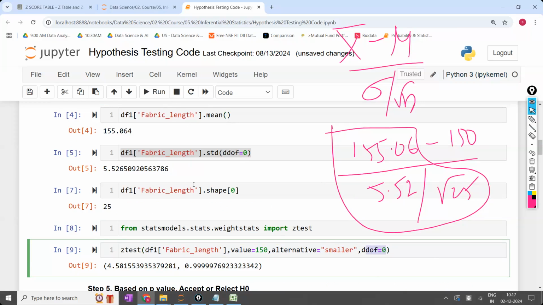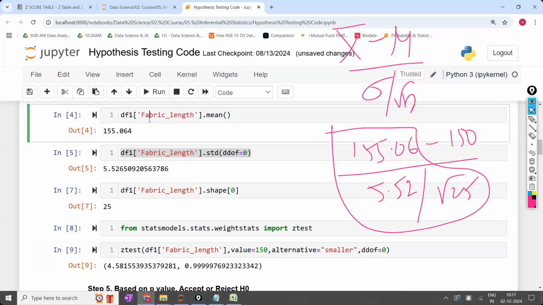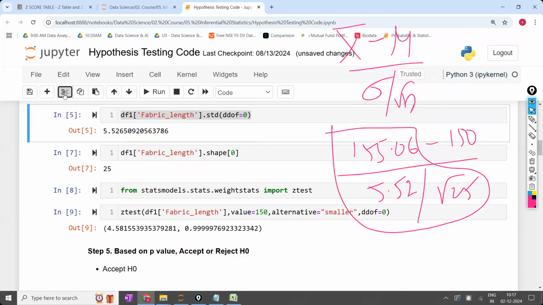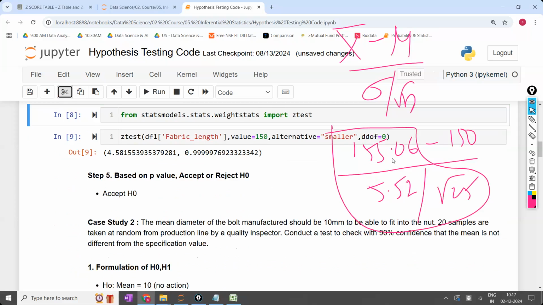These three lines are internal to this function. You don't need to write them separately; I have shown you for understanding purposes. Internally the function calculates the x bar value and the population standard deviation based on the given data. You have to give the value for which it has to apply the hypothesis test, that is 150, and whether it is a left tail test or right tail test.